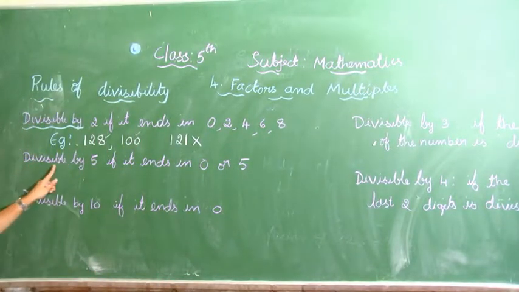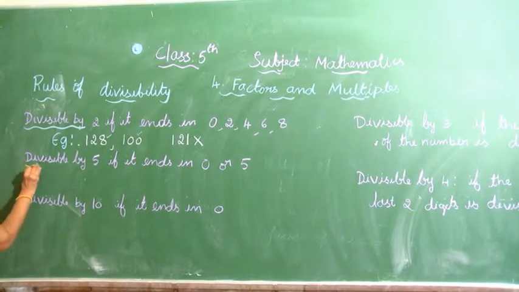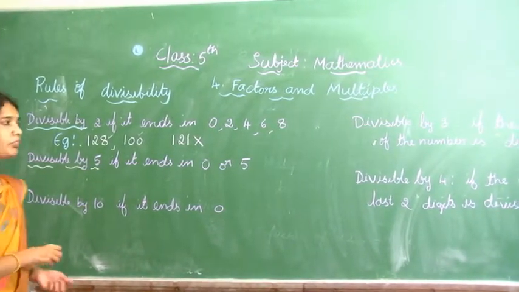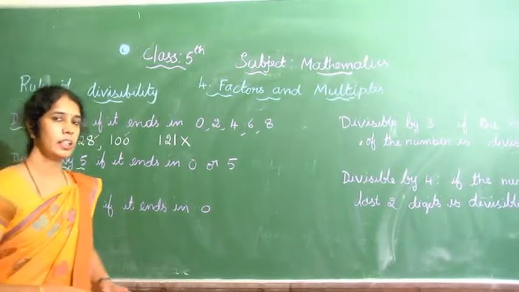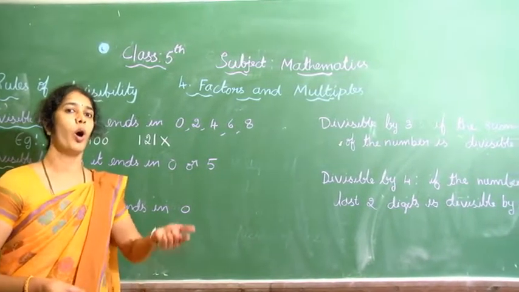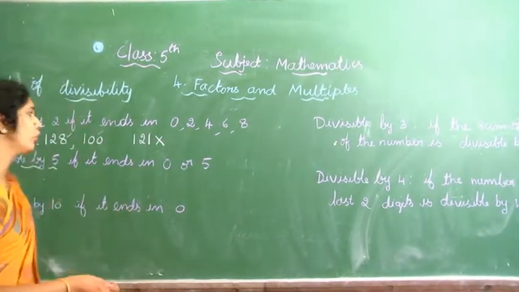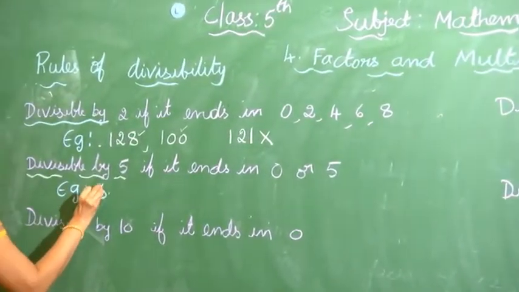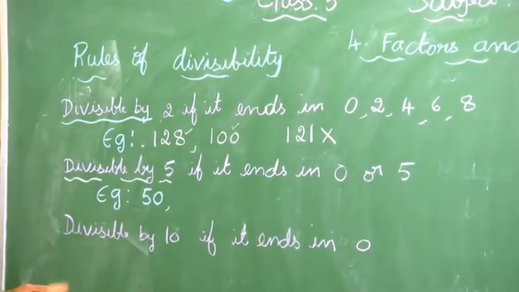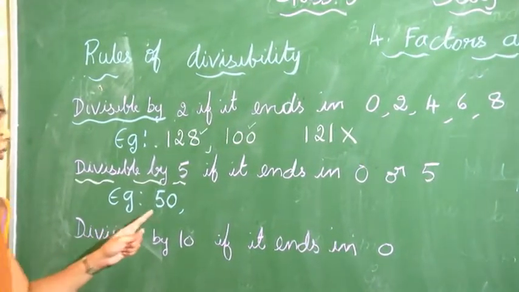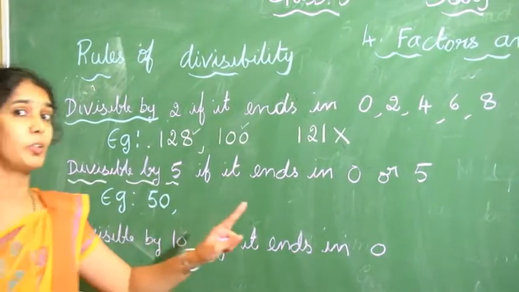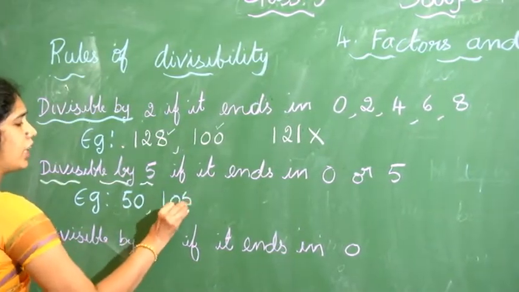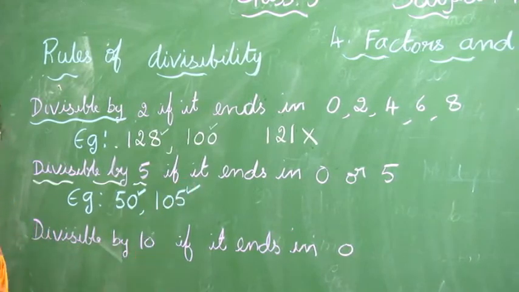Next, divisible by 5. When can I tell a number is divisible by 5? If it ends in 0 or 5. For example, see, 50. It is divisible by 5 because the unit place digit is 0. The condition is 0 or 5. 105 is also divisible by 5.